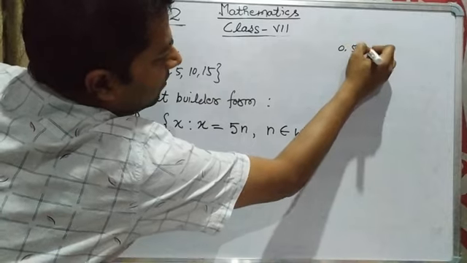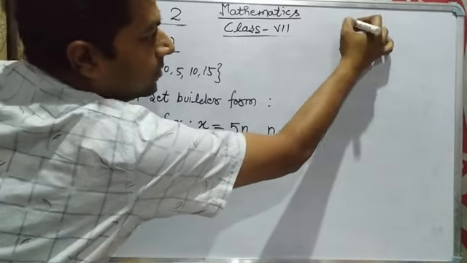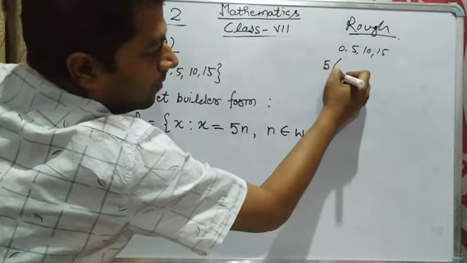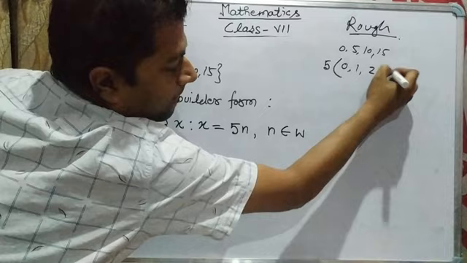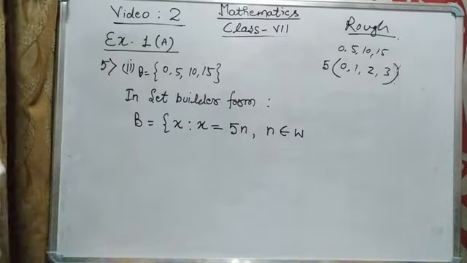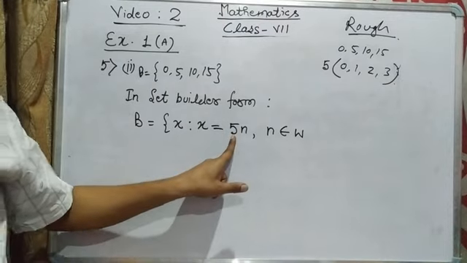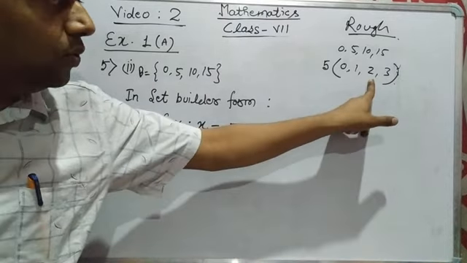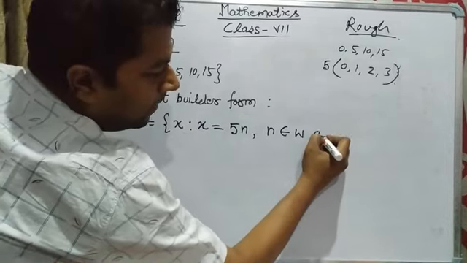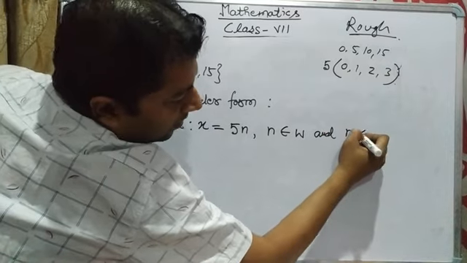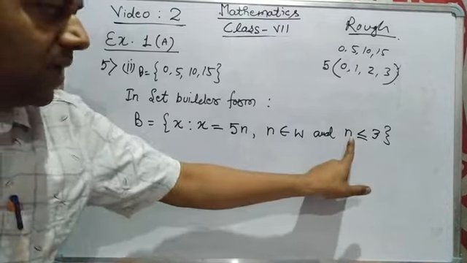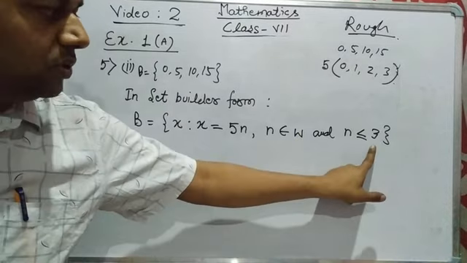Let us do some rough work. The elements are 0, 5, 10, 15. Take 5 common: 0, 1, 2, 3. The value of n is 0, 1, 2, 3. So n belongs to W and n must be less than or equal to 3, the value of n from 0 up to 3.